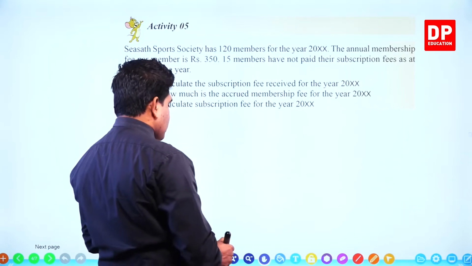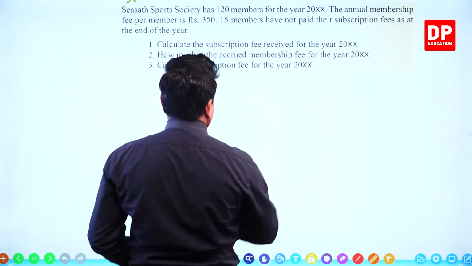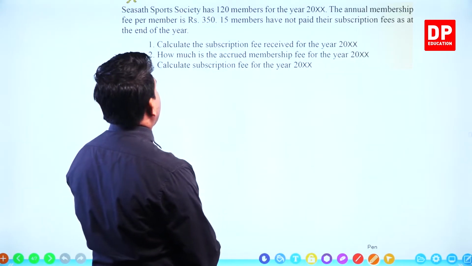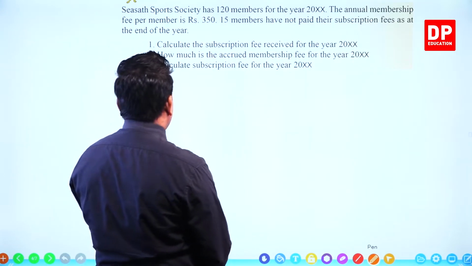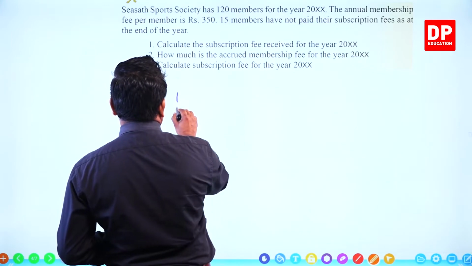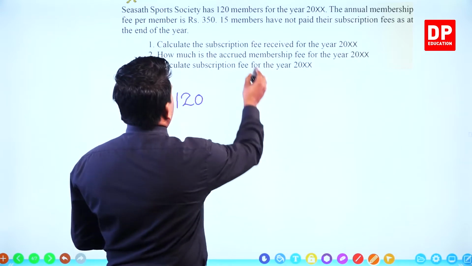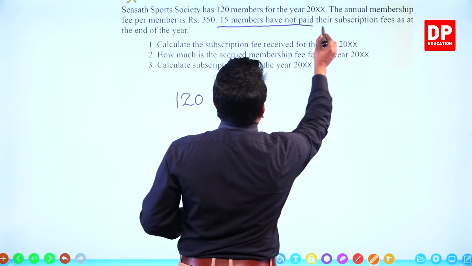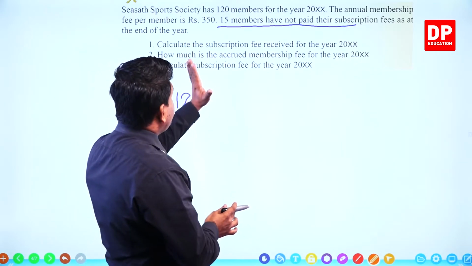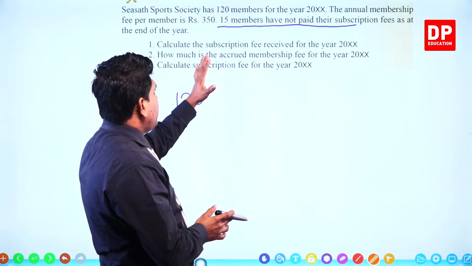Now we can do it like this. How many members are in the society? 120 members. Okay. But how many members have not paid their membership fees? 15 members.